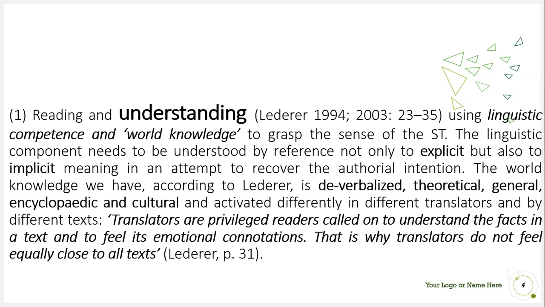So we can see both explicit and implicit meaning. One is visible, the other is invisible. Explicit is the visible intention of the author, and implicit is the invisible, hidden meaning of the author, and we have to recover it. We have to delve into the text and find out the meaning out of it. Understood?